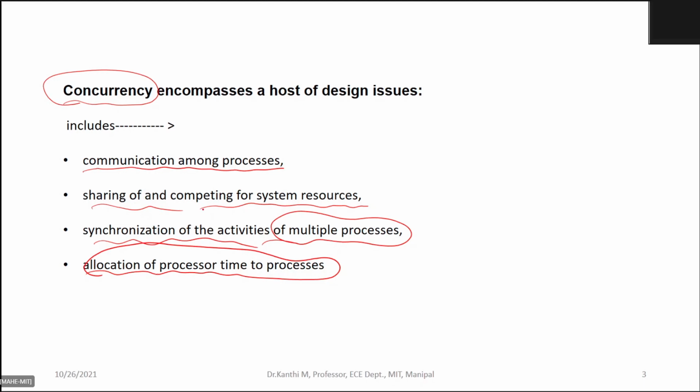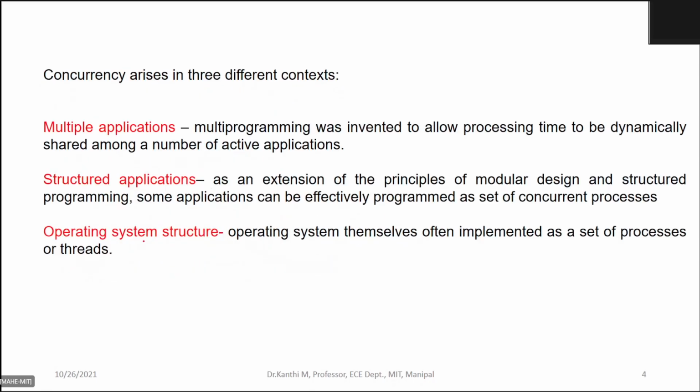So there is interleaving between the multiple processes, so that the user will not get a feel that there is switching. It behaves as if the processor is dedicated to the specific process. And the concurrency arises in different contexts, the first being multiple applications.